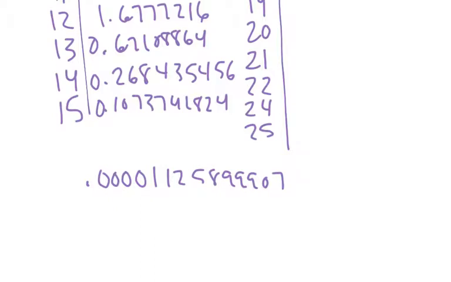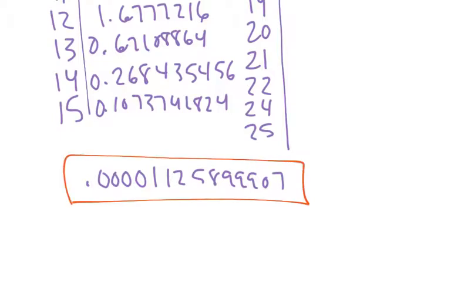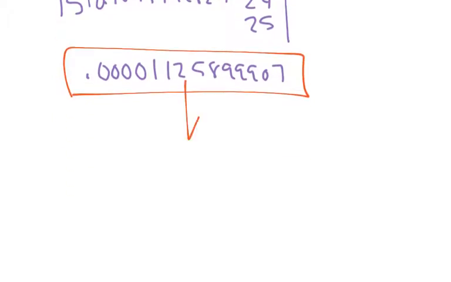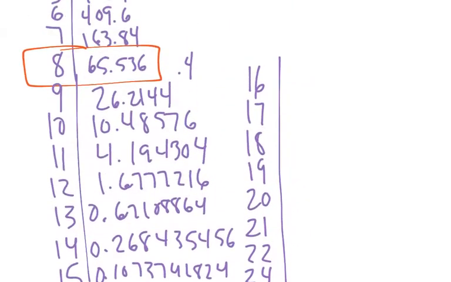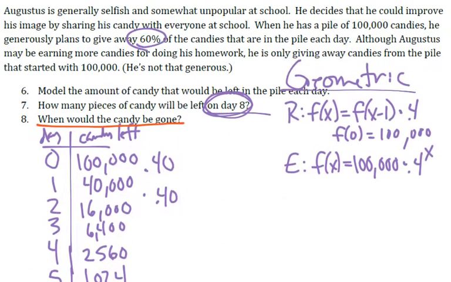You might say yes, that's pretty close to 0, but it's not exactly 0, is it? And the thing is, if we keep going down, we're going to get some really small numbers, but we're never actually going to get it all the way completely gone. Okay? When would the candy be gone?